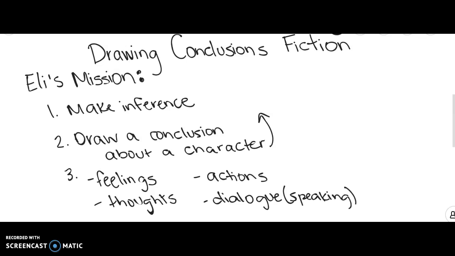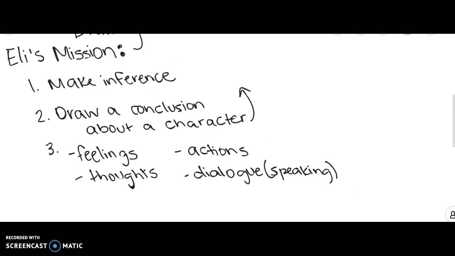Okay, so let's begin with our first graphic organizer, which is making inferences. For this graphic organizer, you are going to need 3 columns. The first is text evidence. The second is prior knowledge.